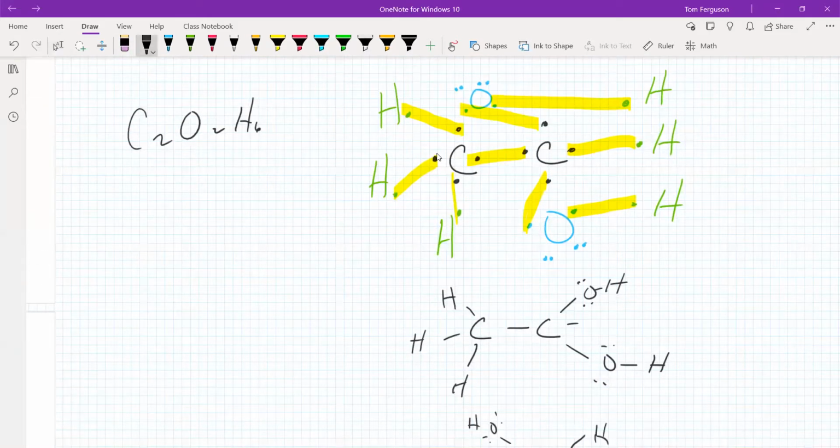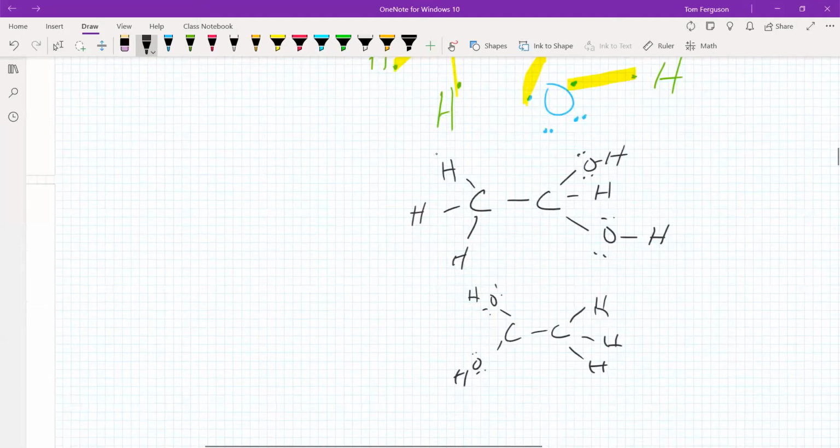By the way, it needs to be H. Okay, so let's do one totally different. In other words, one where this structure has the carbon with two oxygens attached. What if we were to draw a structure with only one oxygen attached to each carbon?